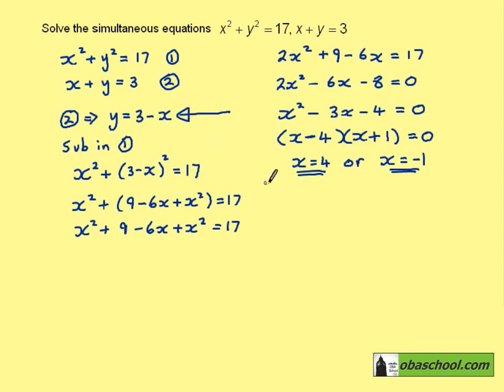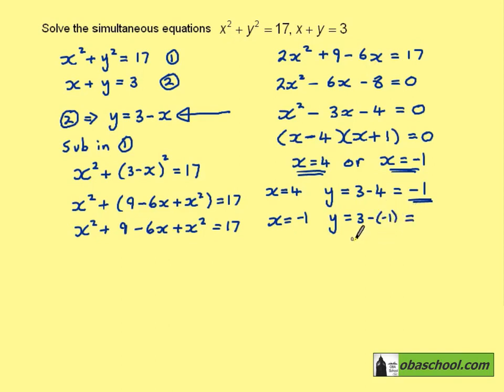If x is equal to 4, y is equal to 3 take away 4, which is minus 1. If x is equal to minus 1, then y is equal to 3 take away minus 1.